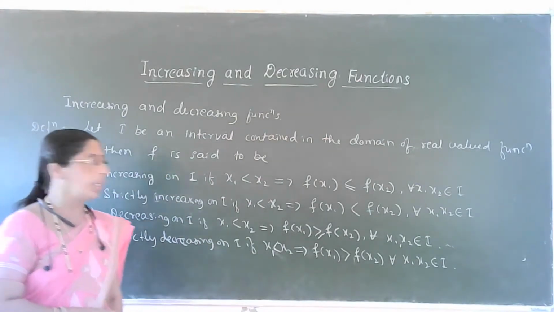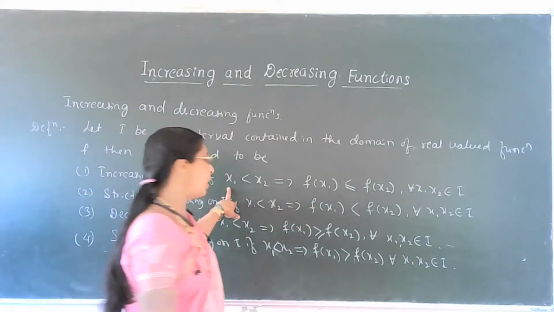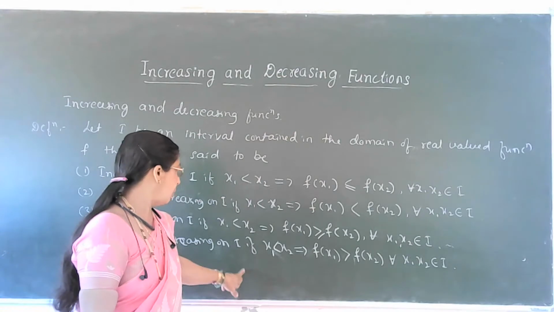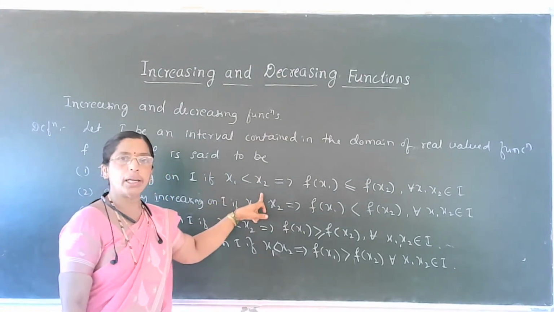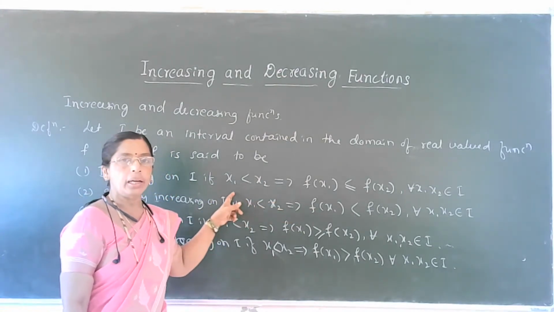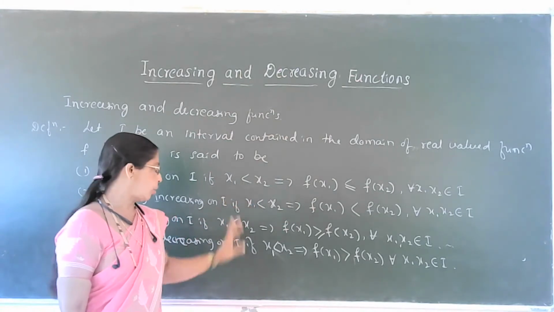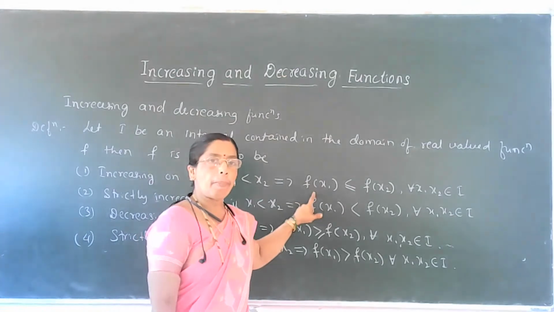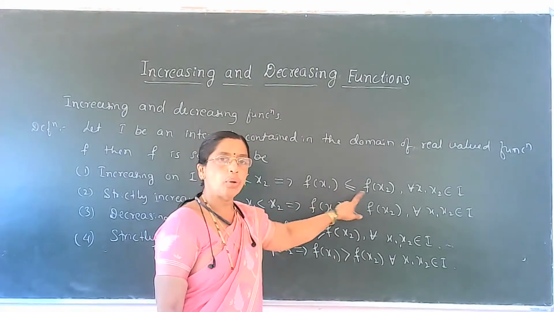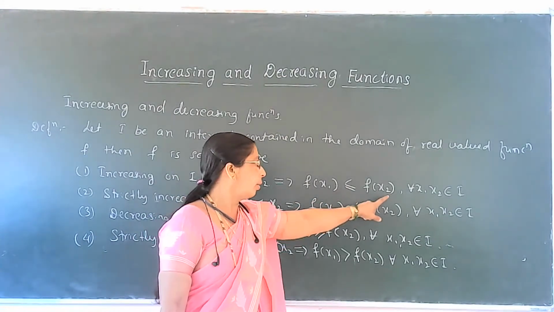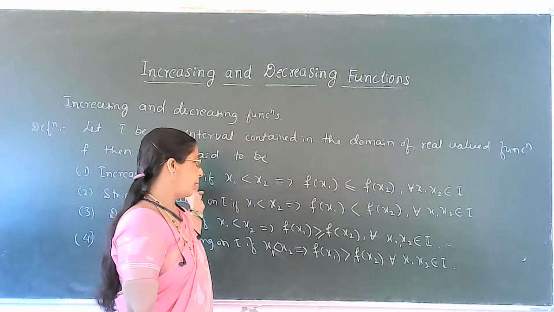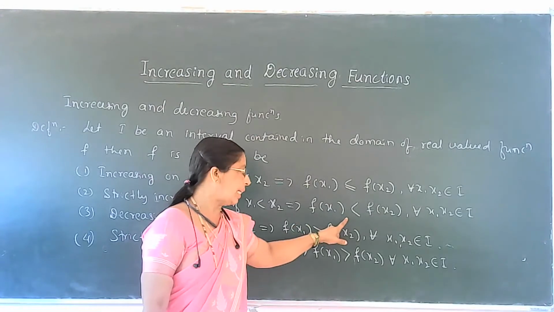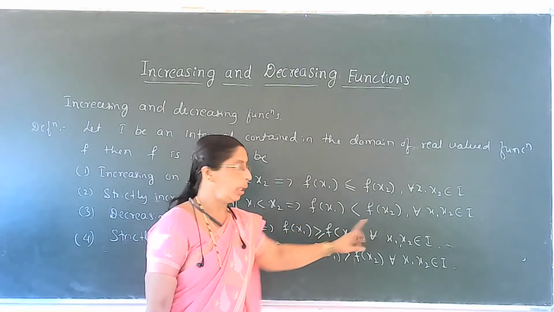Here, every time we take the points x1, x2 belonging to I, with x1 less than x2. If f of x1 is less than or equal to f of x2, then the function is increasing. If it is strictly increasing, f of x1 is only less than f of x2.